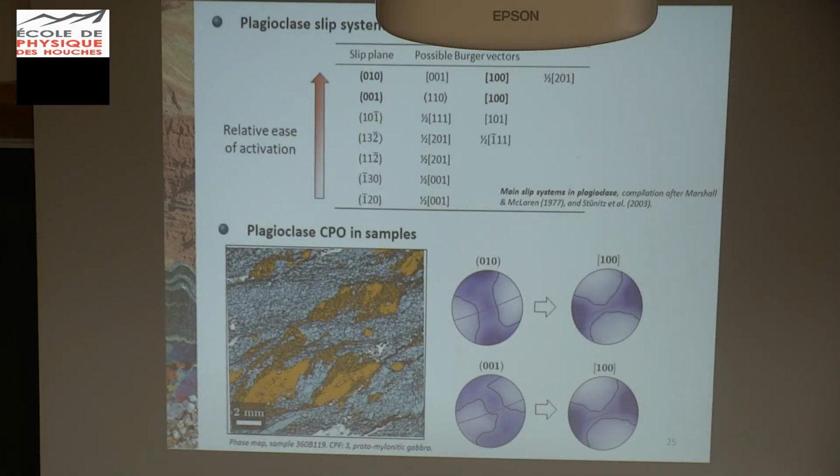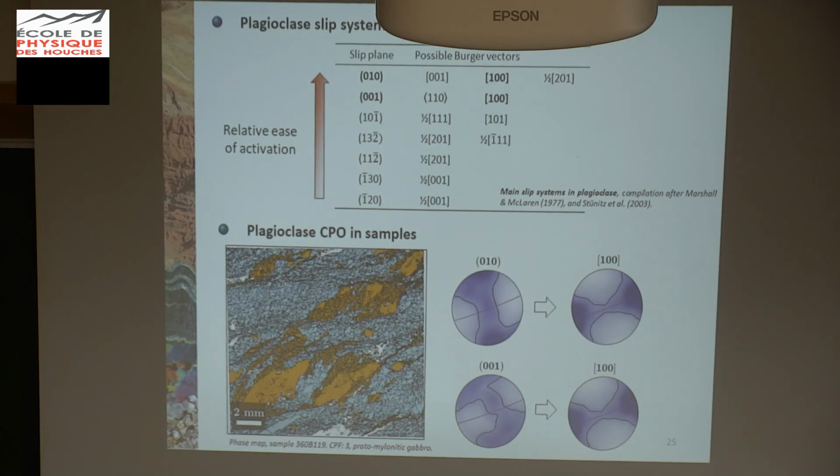Another factor of this J-index decreasing while the deformation is increasing could be also the activation of different slip systems. Here you have a list of the main slip systems observed by transmission electron microscopy in plagioclase.